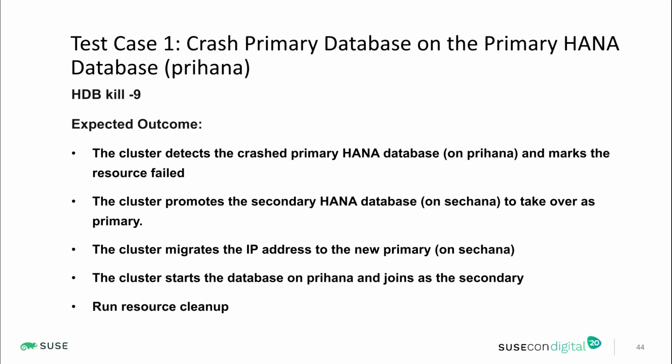Well, first the cluster detects the crashed primary HANA database on prehana and marks the resource failed. Then the cluster promotes the secondary HANA database on sap-hana to take over as primary. The cluster migrates the IP address to the new primary on sap-hana. Then the cluster starts the database on prehana and joins it as the secondary, and finally it runs resource cleanup.